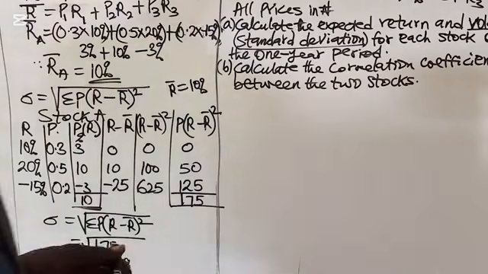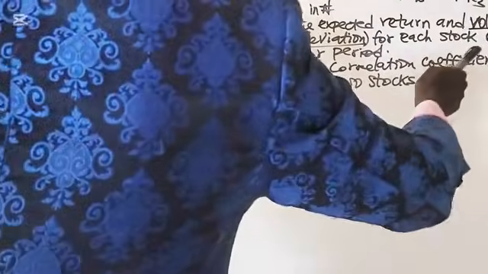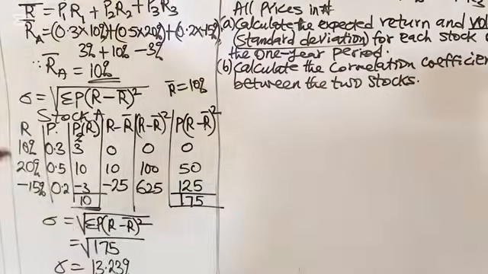Remember, the question asks us to calculate the volatility, that is standard deviation, for each stock over the 1 year period. For each stock.